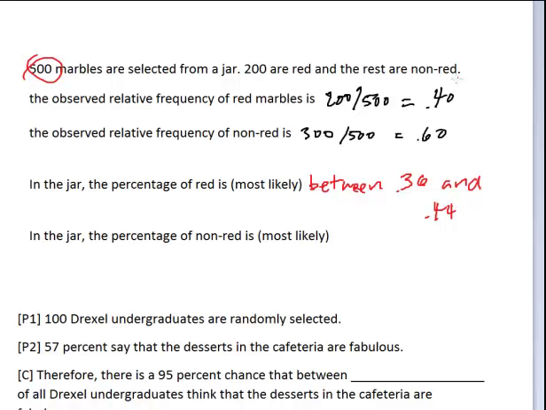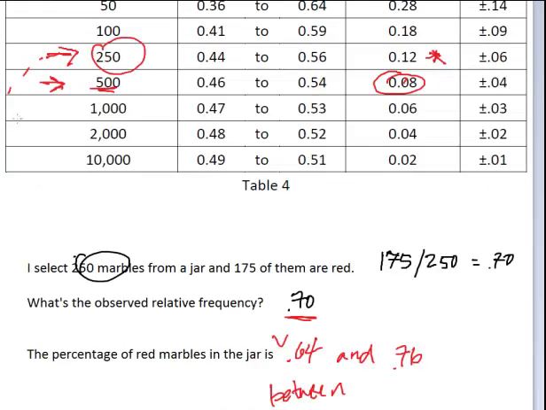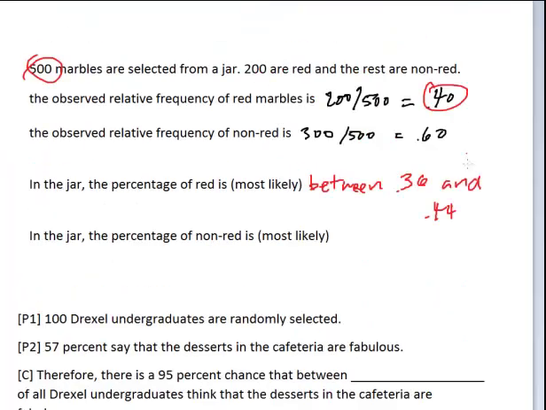Okay, so again, what we did was took our observed relative frequency and created an interval that is 8% wide, 0.08, around that 0.4.